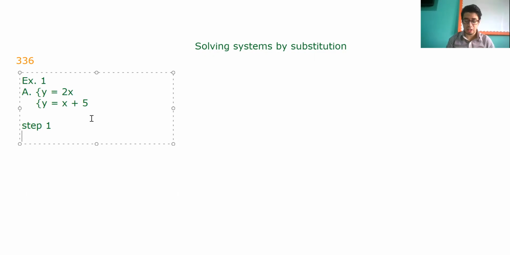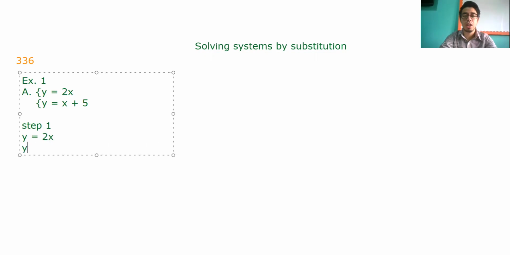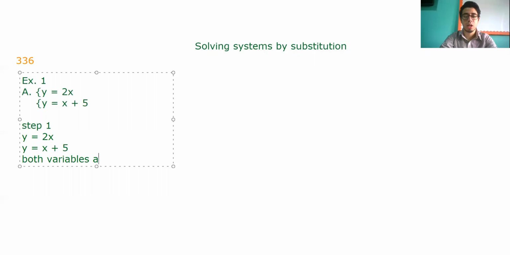So you can see that both equations are solved for y. I'm only going to copy them again, y equals 2x and y equals x plus 5. Then you can say that both equations are solved for y.